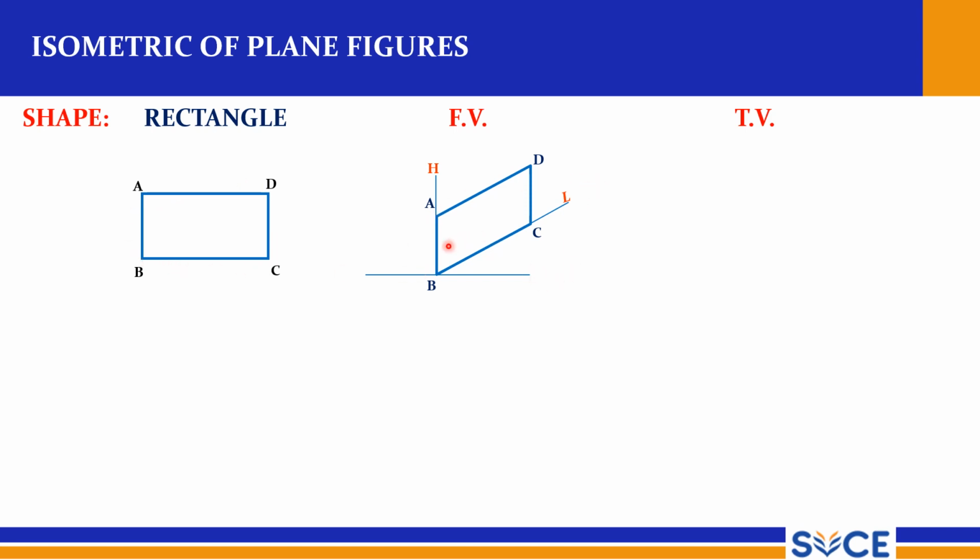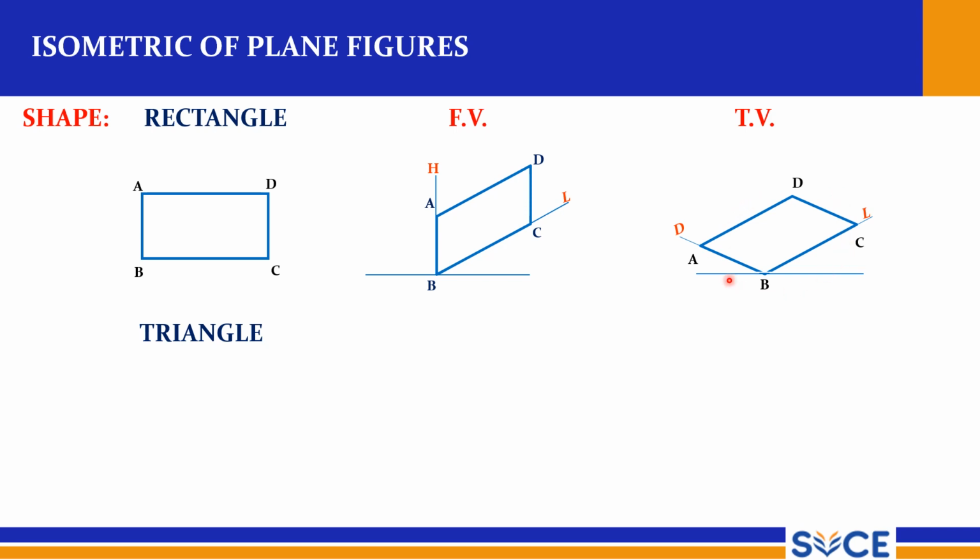Measure BC along this line, draw a thick line, and measure AB. Then AD is parallel to BC, and DC is parallel to AB, and you can complete it on the 30-90 plane, whereas the top view should be drawn on the 30-30 plane.